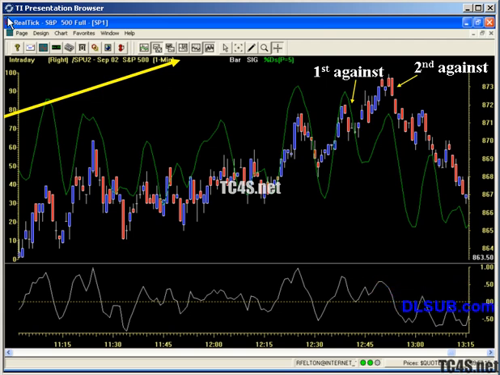If both the first and the second are choppy, we do not take the trade. It's always best if both signals are not choppy. But one may be choppy as long as the other is not. But in no case should our first or second against the trend be a choppy elbow. We do not use choppy elbows for this type of signal.